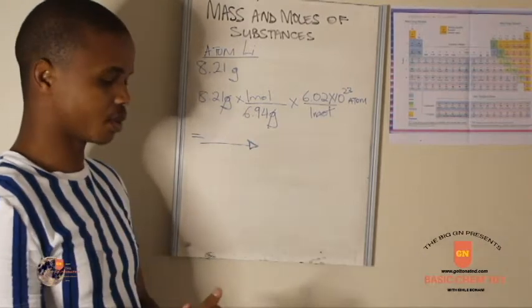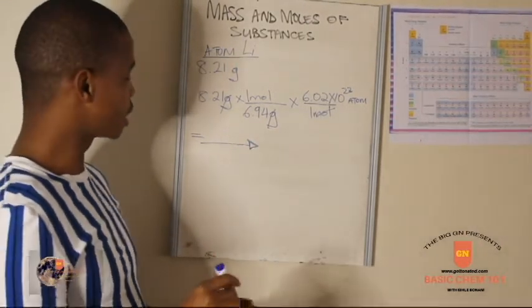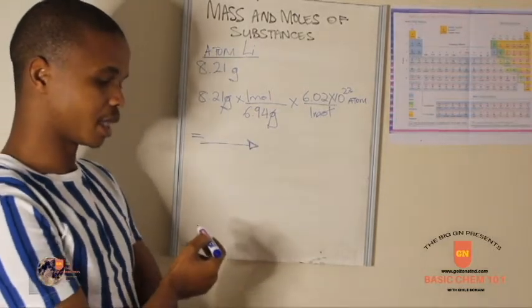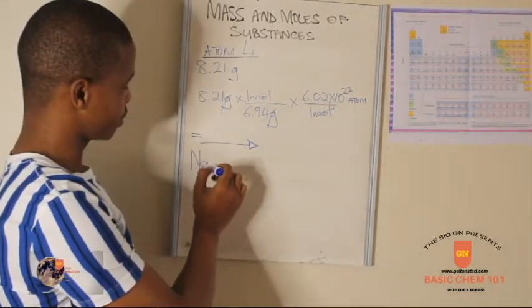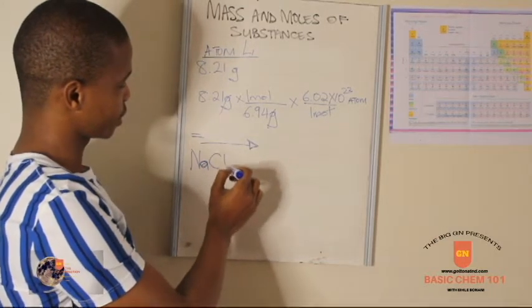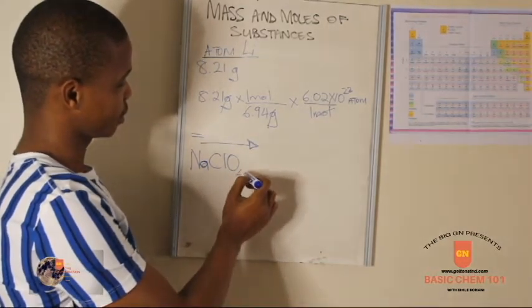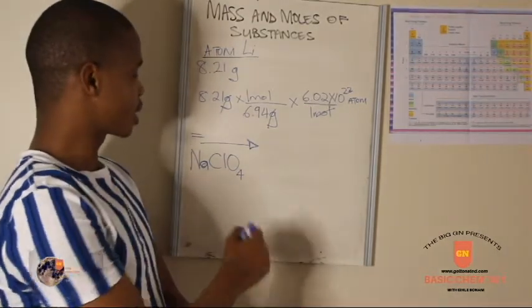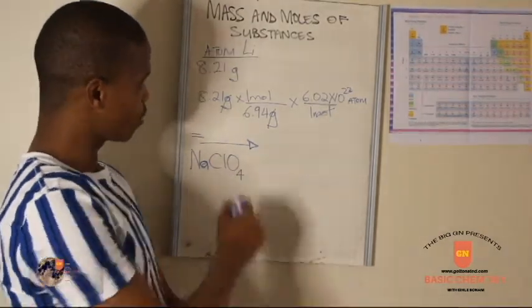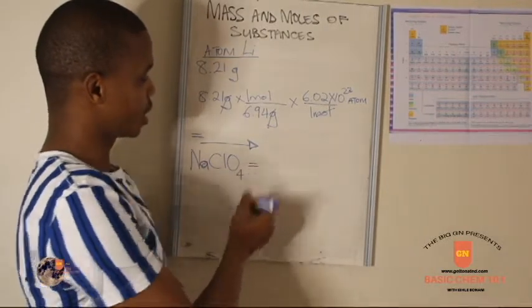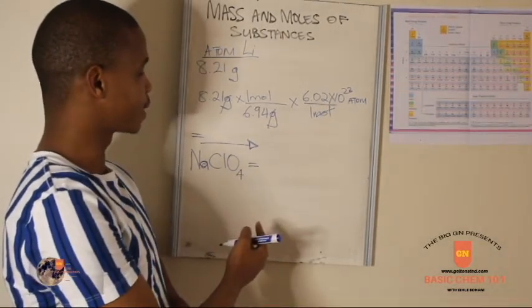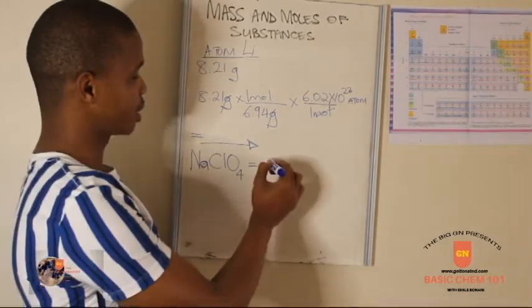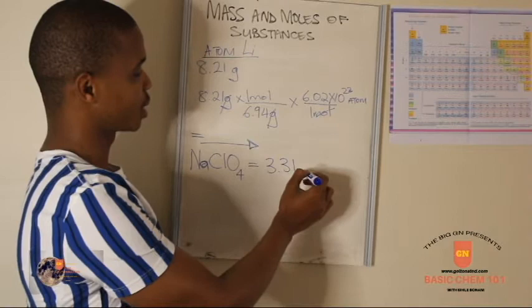They can also ask you to calculate the number of formula units. Let's say you'll be given sodium chloride, with polyatomic ions. They will ask you to calculate the number of formula units. Then they will give you a mass of this compound, which would be, let's say, 3.31 grams.